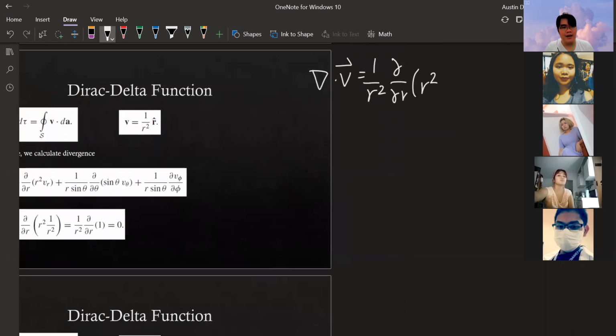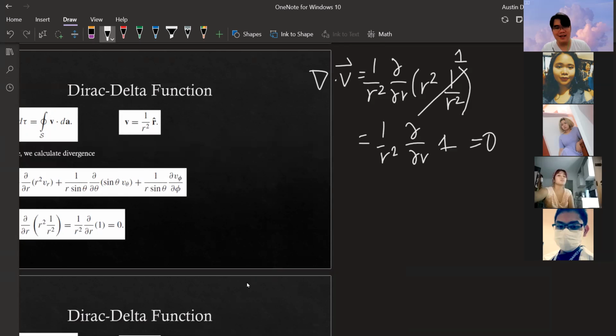Ano yung v_r natin? Ano yung component yung r natin? So that is just 1 over r squared. Okay? Kuha. This is 1. What happens next? Partial derivative ng 1. 0.